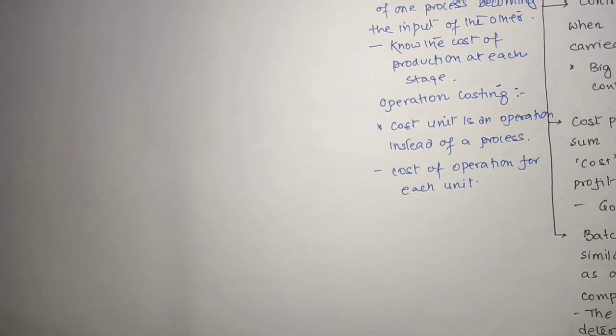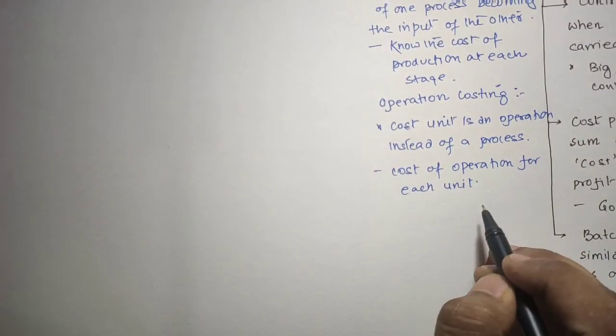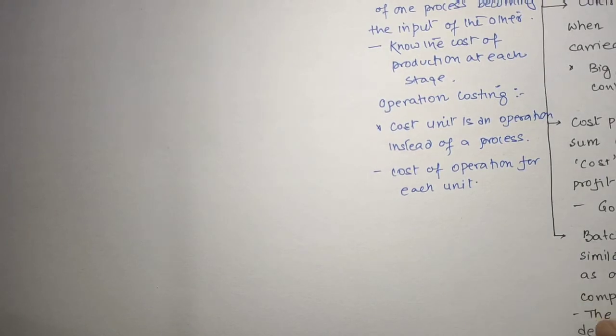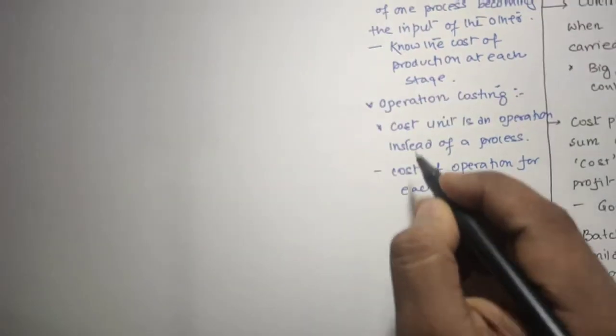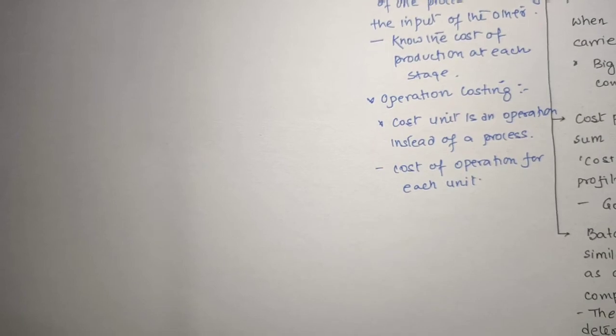For example, preparation of bicycles involves various activities like cutting steel, then molding, machinery, finishing, polishing. So this is all about operation costing.